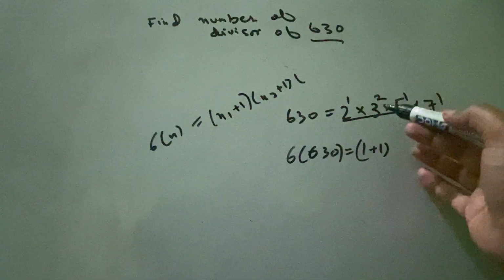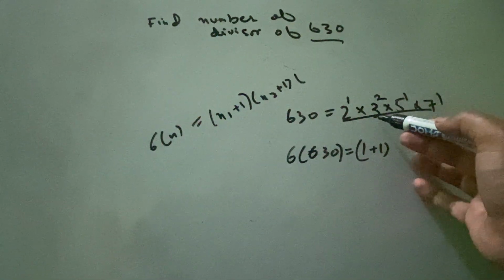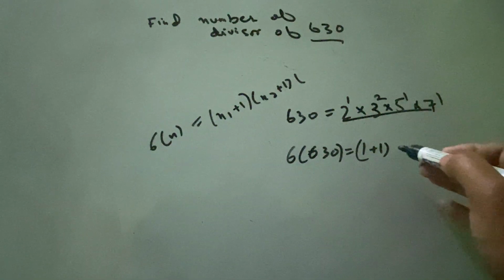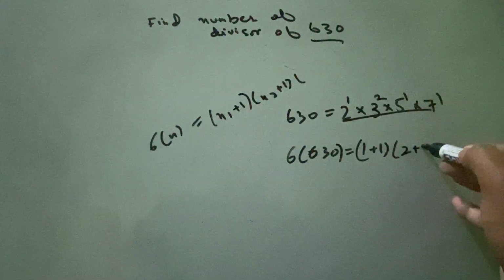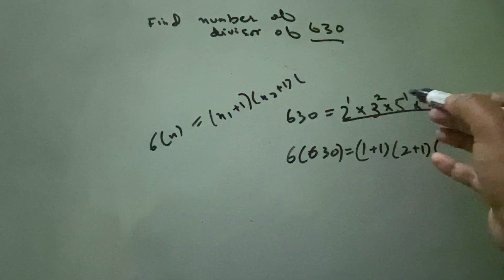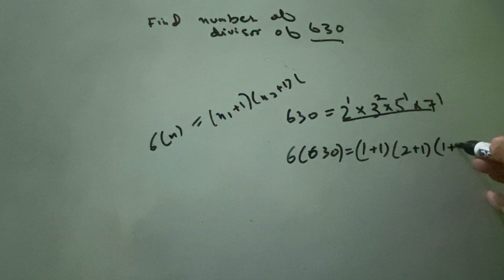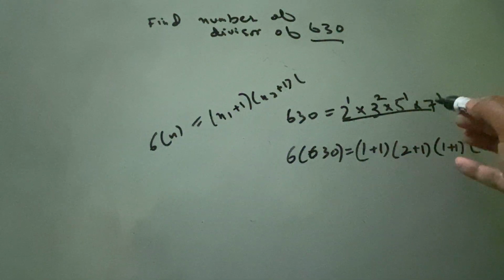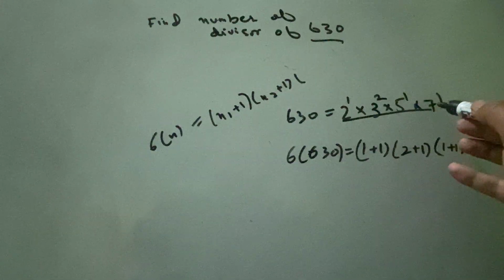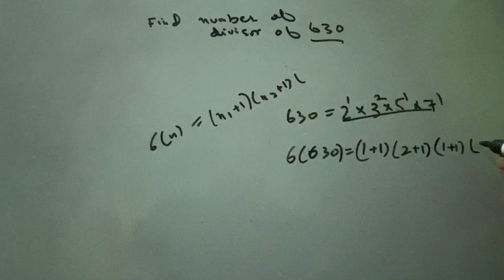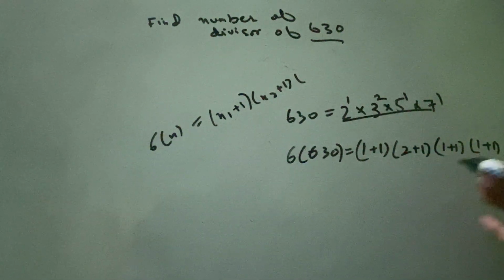For 3 power 2, we write 2 plus 1. For 5 power 1, we write 1 plus 1. For 7, its power is 1, so we write 1 plus 1.